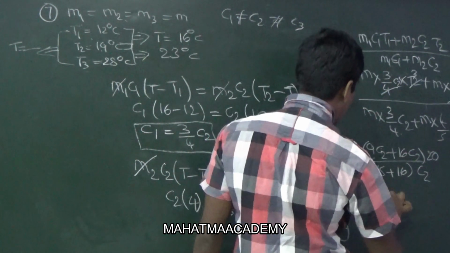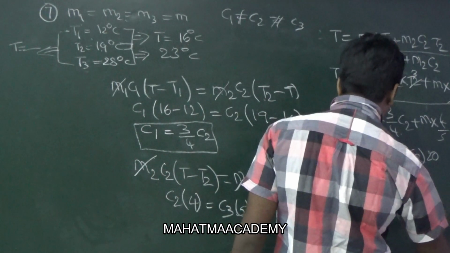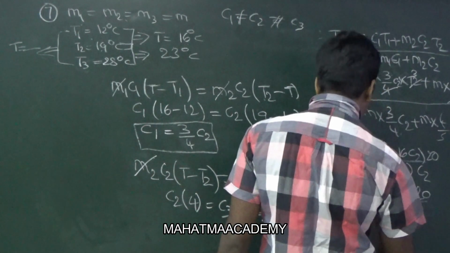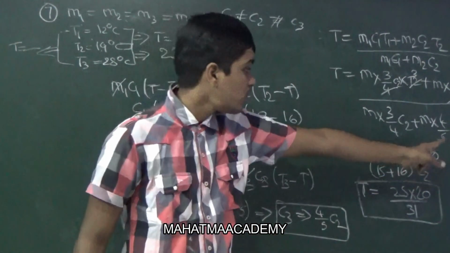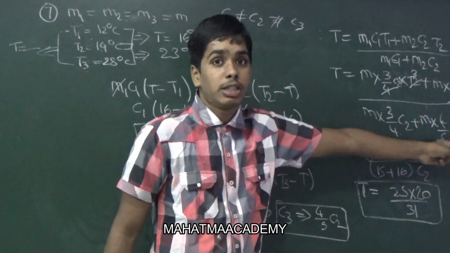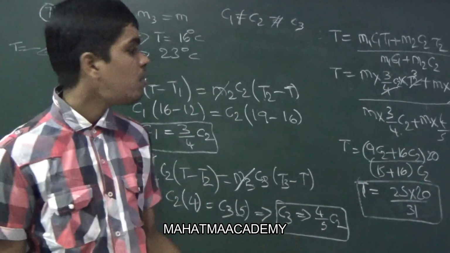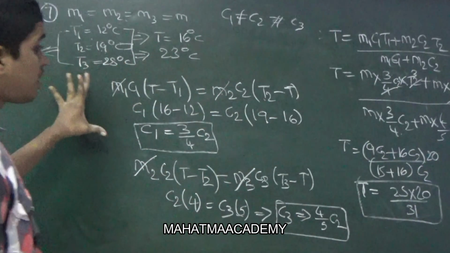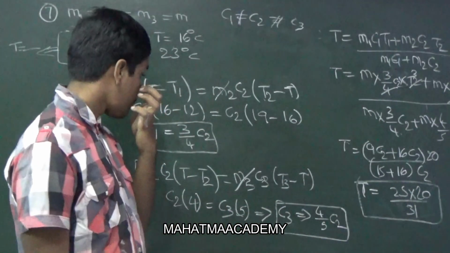So T is equal to the final temperature. I hope this is not visible to you, this part, because of the camera adjustment. Okay, now this is the final temperature. If you solve this, you can solve.